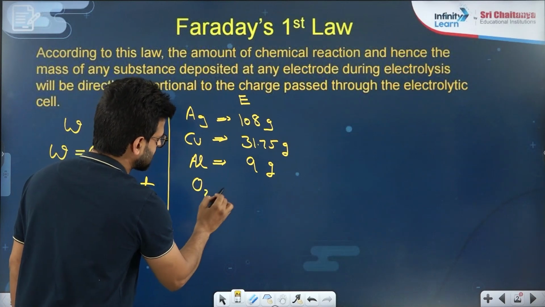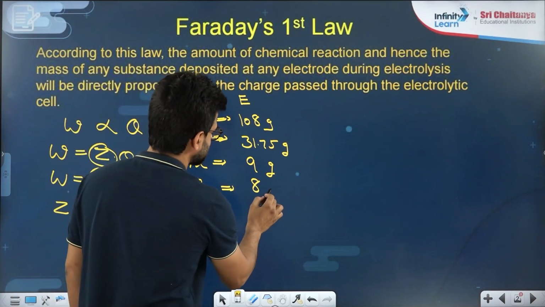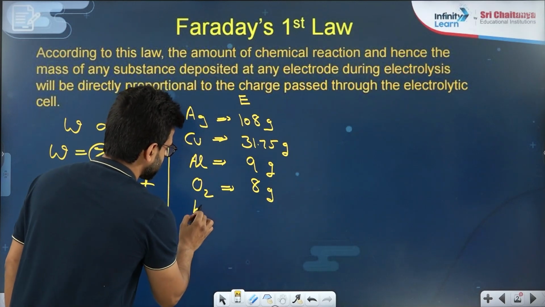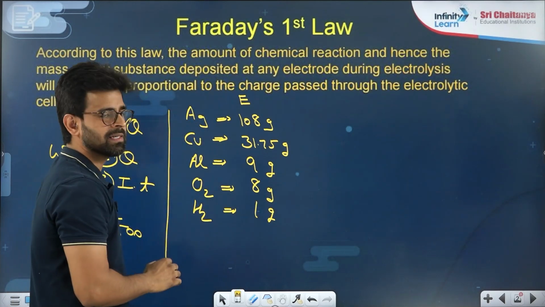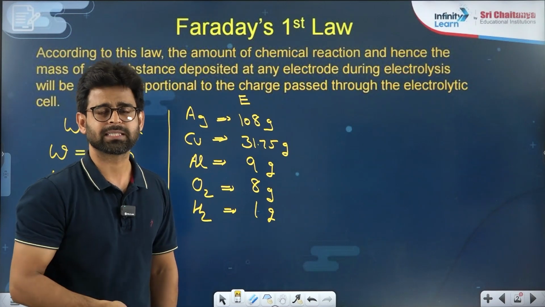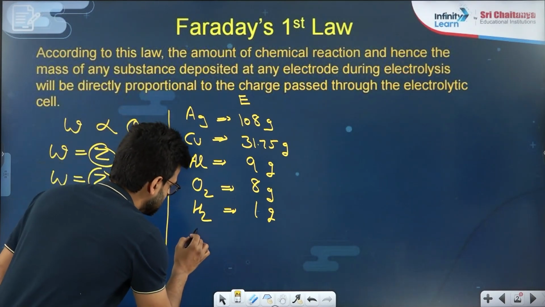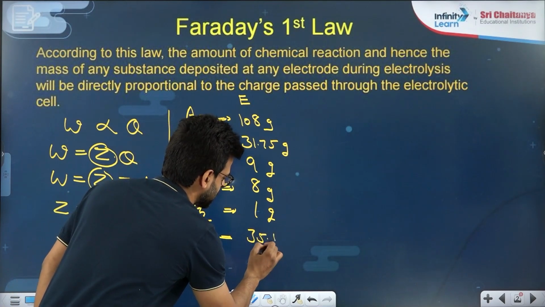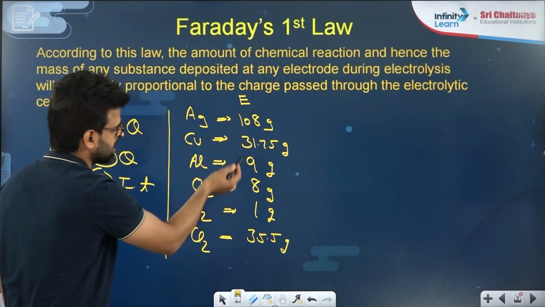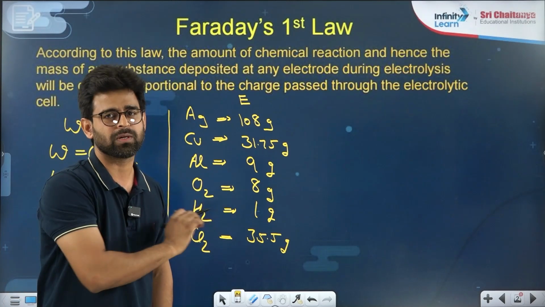If O2 gas is evolved, its equivalent weight is 8 gram. If H2 gas is evolved, 1 gram. For Cl2, it is 35.5 gram equivalent weight. There are some fixed things for which they always ask questions, so I will use these only in my questions.